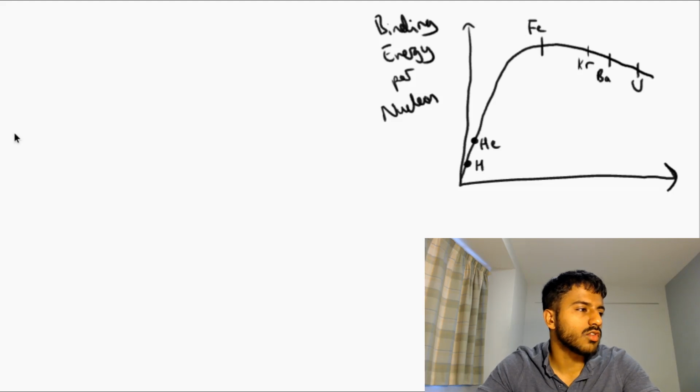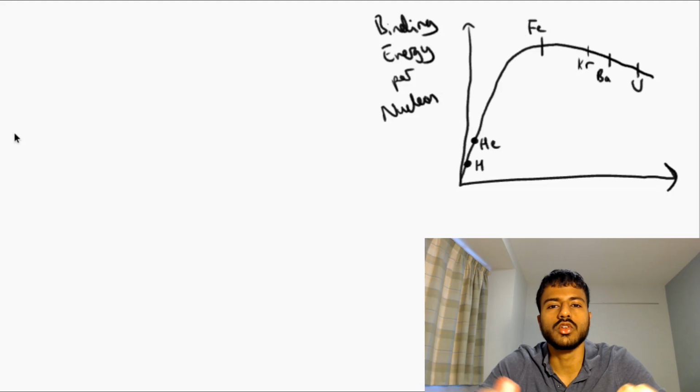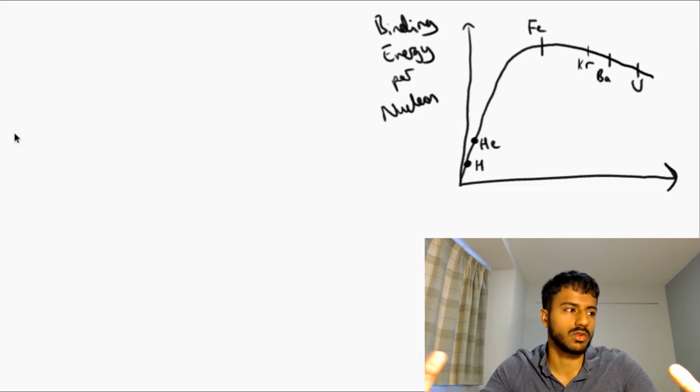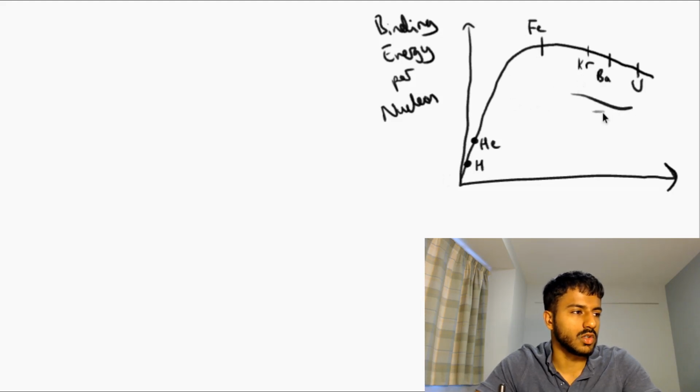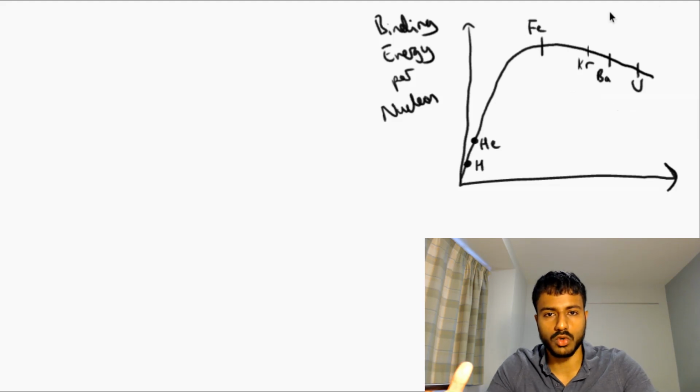Now here is a graph of binding energy per nucleon versus nucleus or nuclei with a different number of nucleons. So at the bottom you have hydrogen, which has one proton, then helium, which has two, and then it goes all the way up to iron, and then you've got these larger nuclei with more and more nucleons.